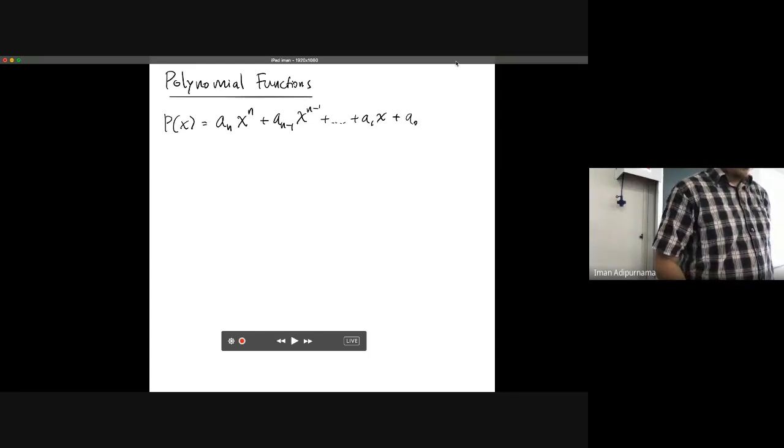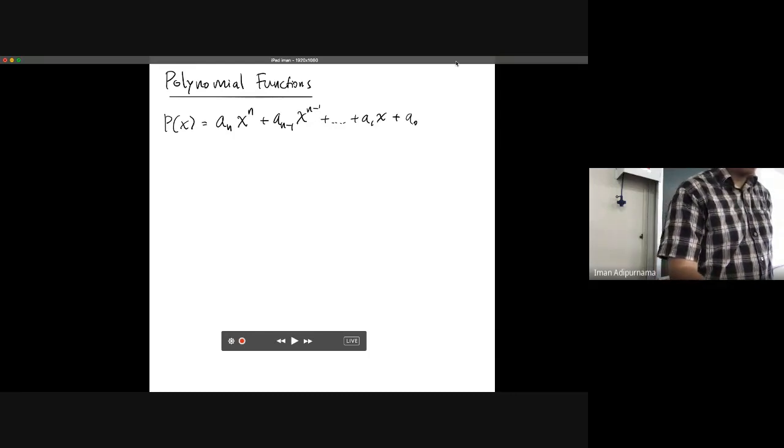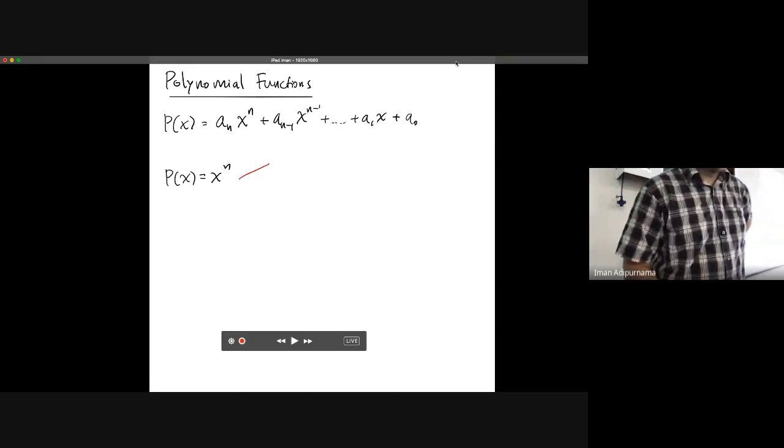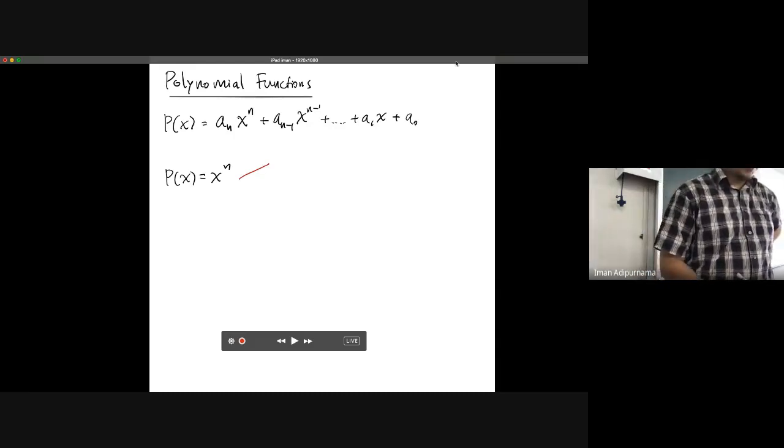Okay, we can rewrite the general equation for polynomial. For example, if my polynomial is only x to the power of n, I can have my functions be x squared or x cubed or maybe x to the fourth, right?